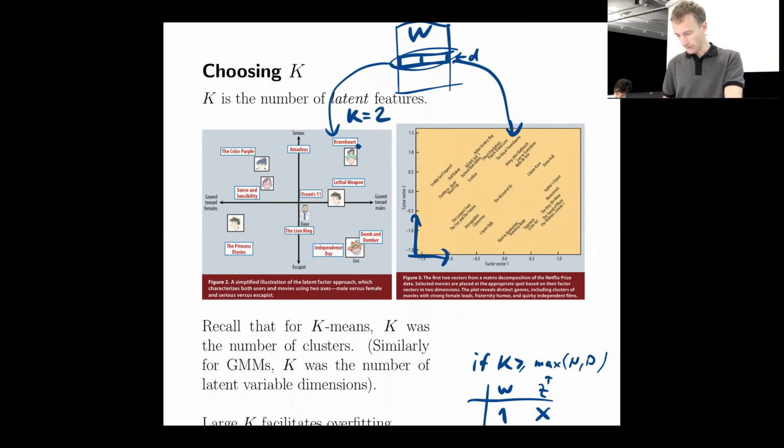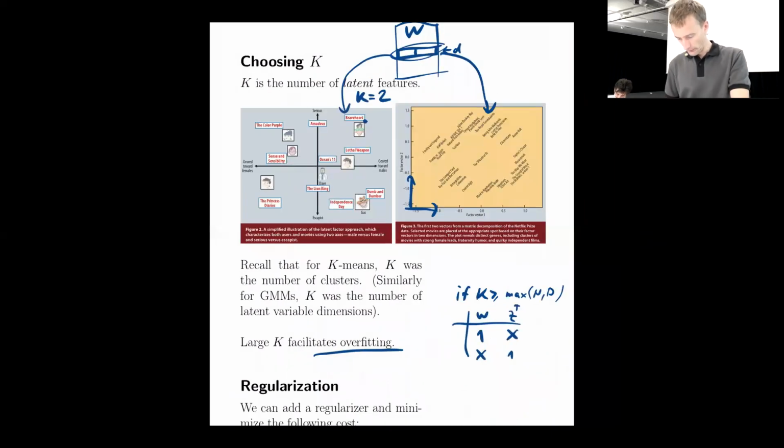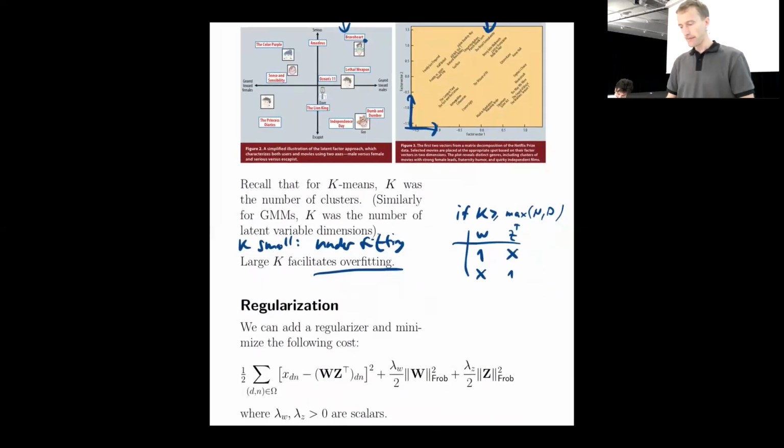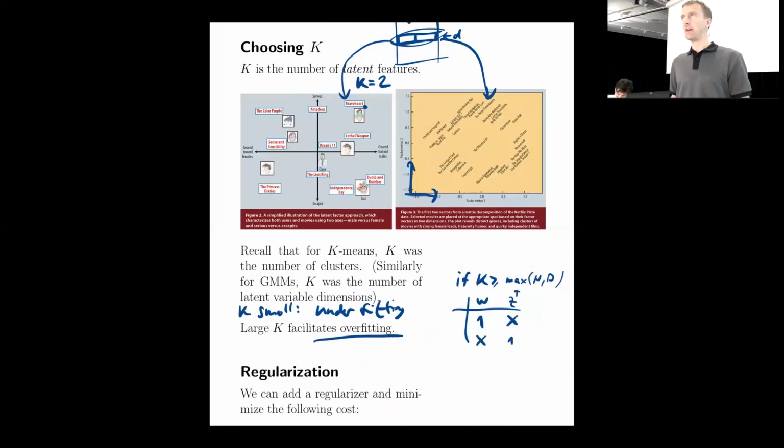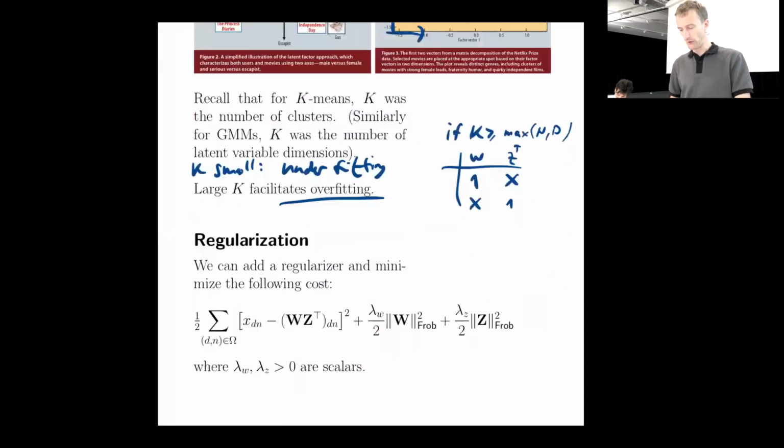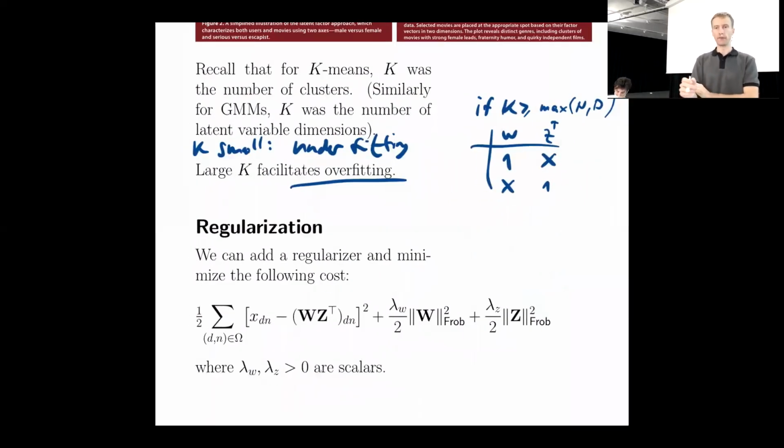Okay, so we discussed a bit underfitting and overfitting. Small K would be underfitting, and I guess the other case was clear. So if you have overfitting, either you can reduce the K, or if you don't want to, there's another thing you could do, which is to use regularization.